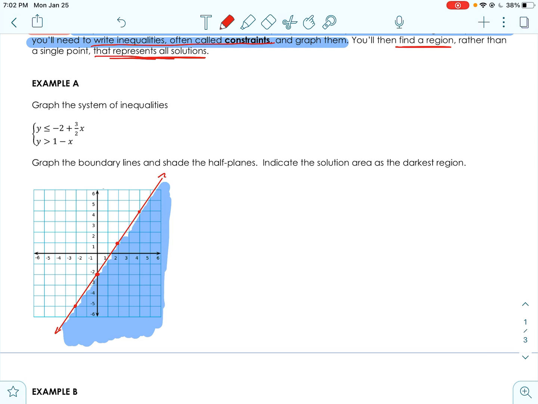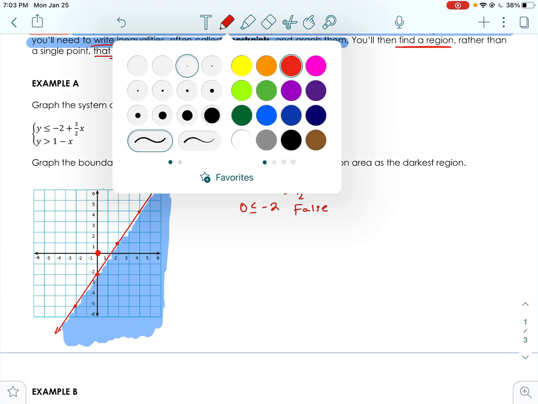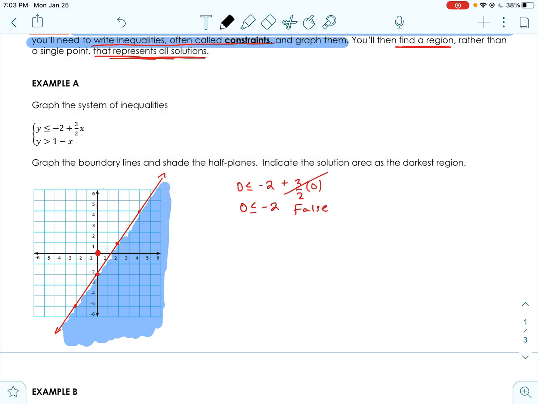The other way to figure out where you should shade, if you don't remember that shortcut, is to pick, in this case, the point 0, 0 right here, and you test that. So if we tested that, we'd have 0 is less than or equal to negative 2 plus 3 halves times 0. That cancels out, and you have 0 is less than or equal to negative 2, which is false. So that right there is not one of our solutions, so therefore we shade underneath the line in the opposite half of the plane.